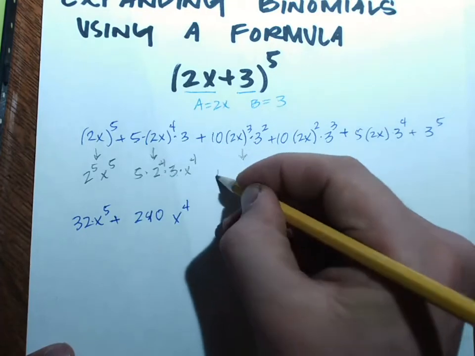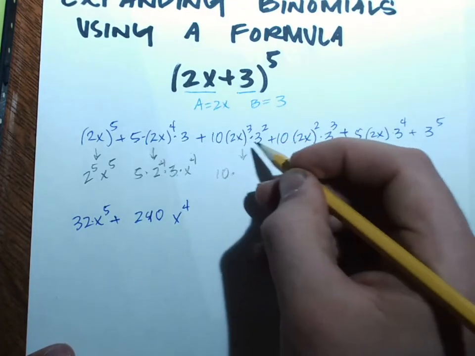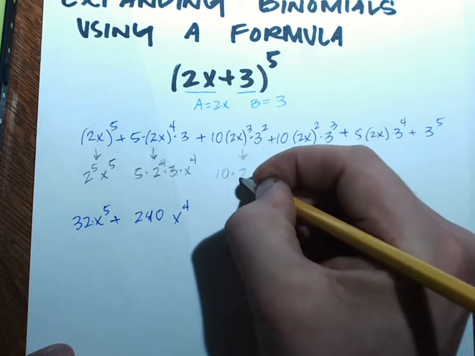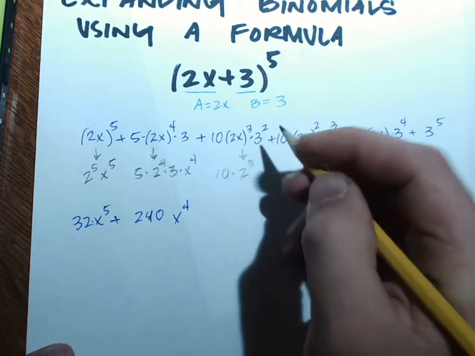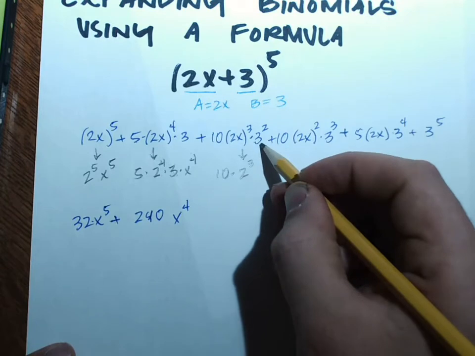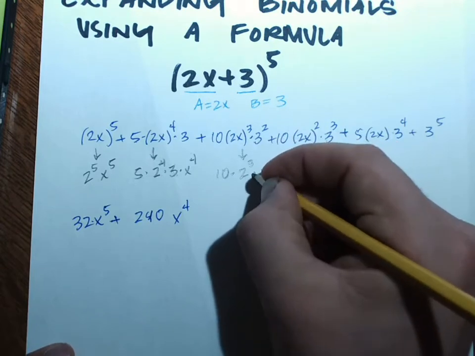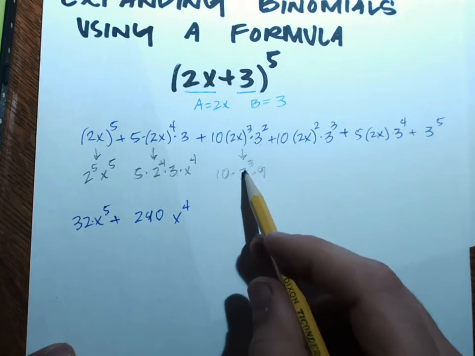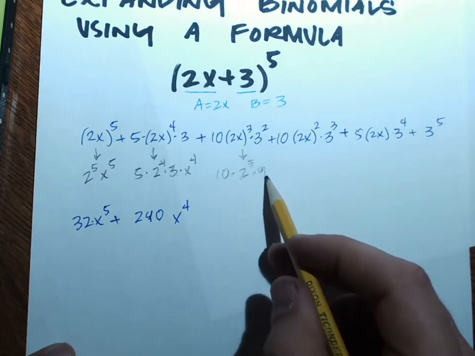So the next one is going to be a 10 times 2 to the third power, times 3 squared, which that one's not too hard. That's 9. And so we're going to do 10 times 8 times 9.